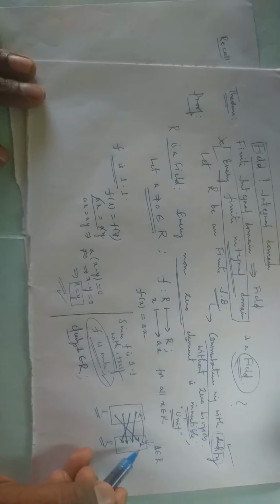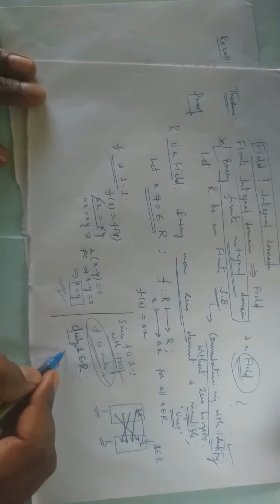1 is in R. If 1 is in R, since it is onto, I can find a member here. Let me say B is here. So since F is onto, there exists B belongs to R, such that B is the fellow who made him come to 1.